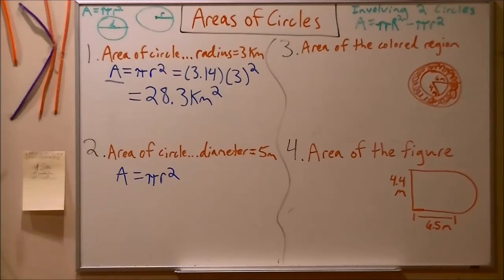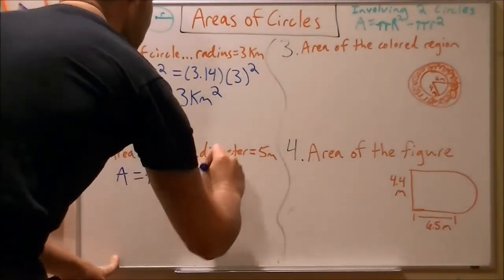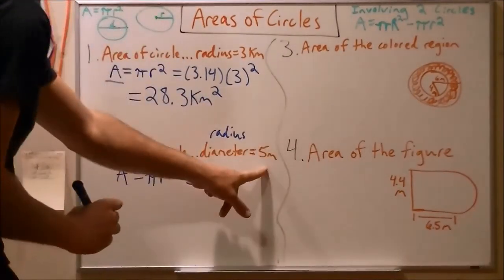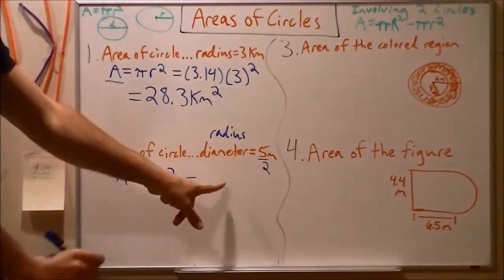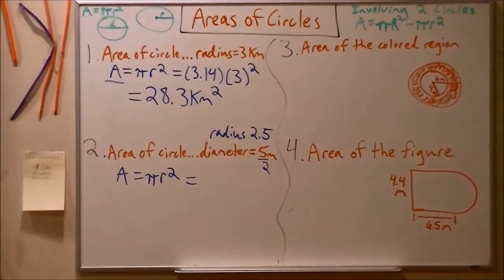So 2 and 1/2, or let's express that as a decimal. We're not going to do fractions in these. And so my radius, if I have a diameter of 5, and I just divide that by 2 to get my radius, then my radius is going to be 2.5.